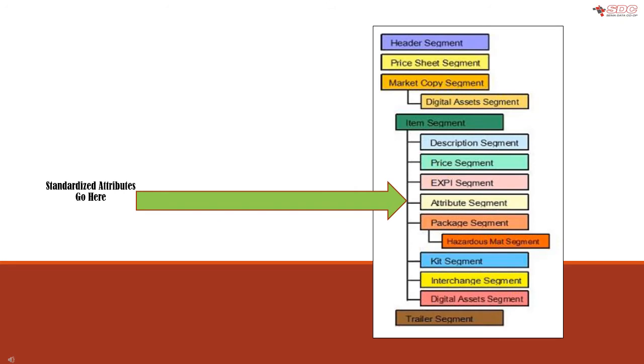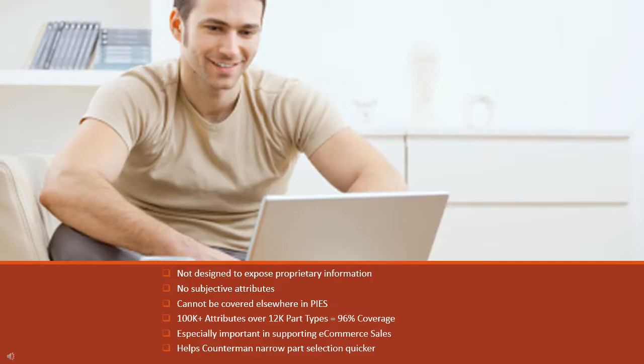Product attributes have a specific home in the PIES standard in the attribute segment. In the standards, this segment was introduced a few years after the initial PIES standard was released in the 6.4 version. Attributes and all supporting information is managed through its own relational database, the PADB. So let's review a couple of the key features about the Product Attribute Database, or the PADB.